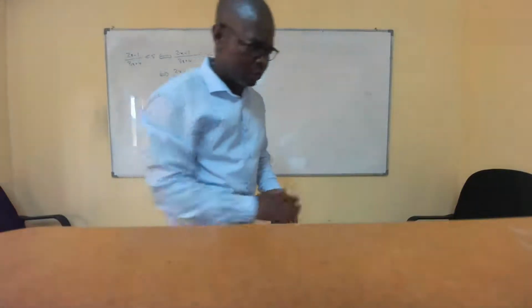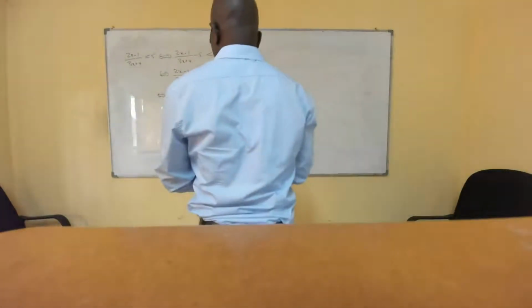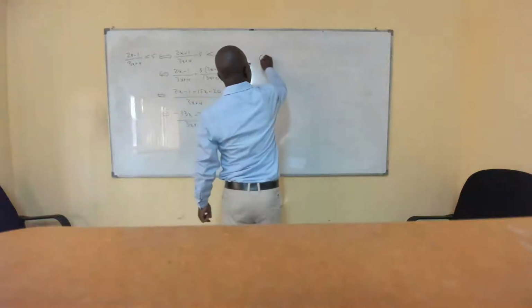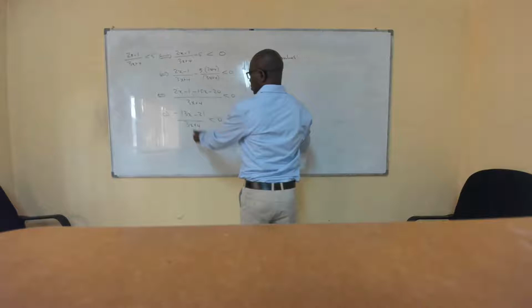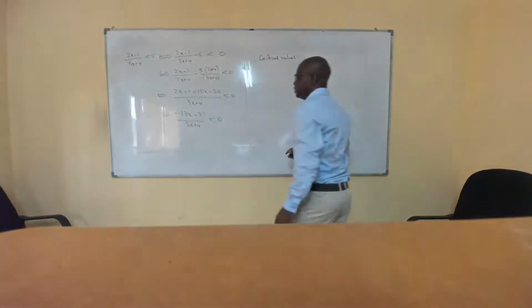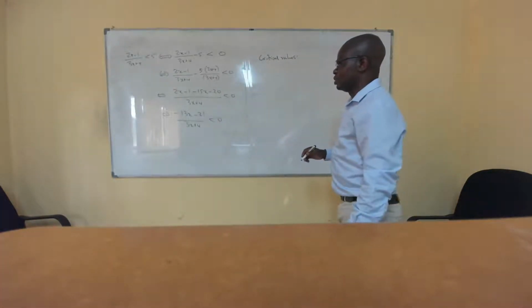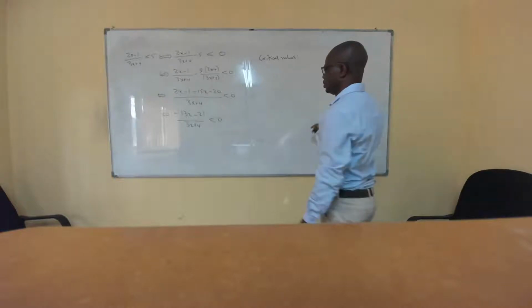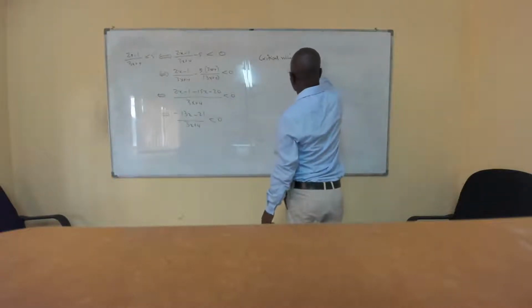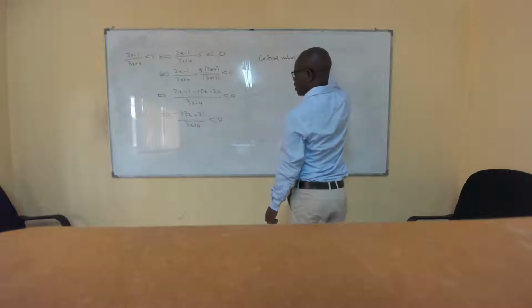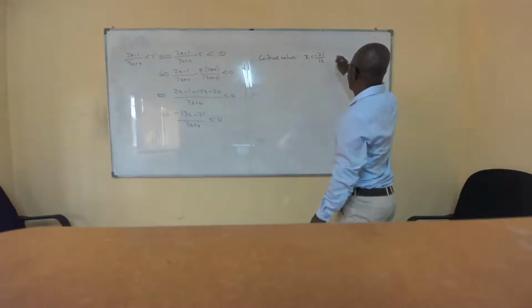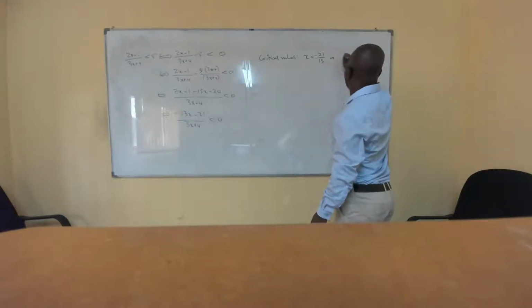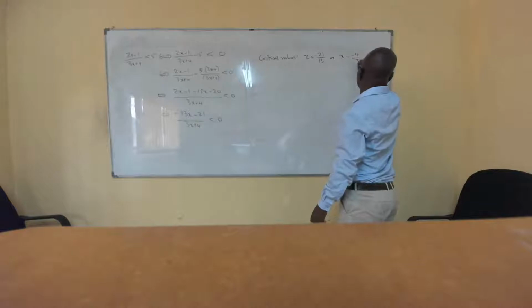So as before, we now get the critical values. The critical values here: the numerator is equal to 0 when x is minus 21 over 13, or when x is minus 4 over 3.